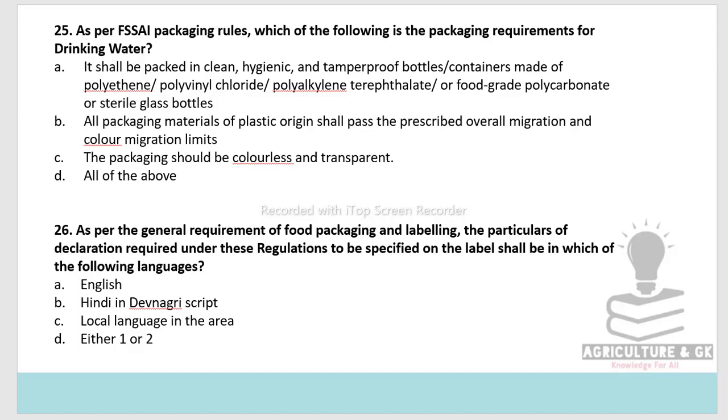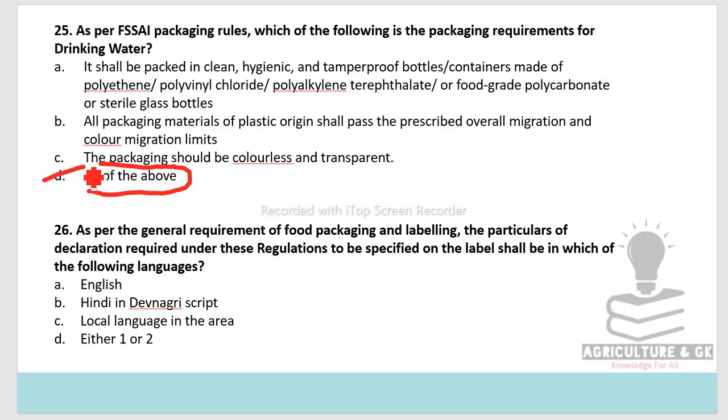The packaging should be colorless and transparent. So our answer is all of the above. So all of these are required to be followed for the packaging of drinking water as per FSSAI guidelines. So our answer is option D.